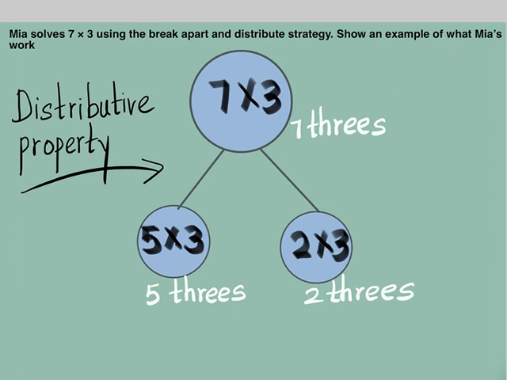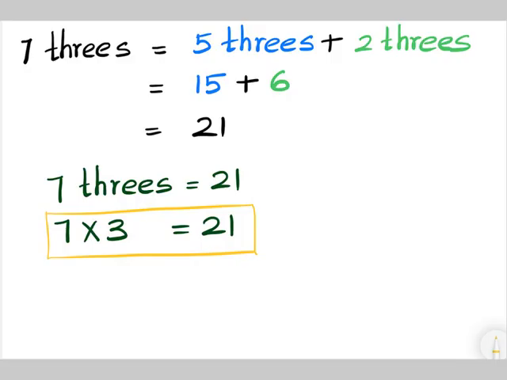So 7 times 3 can be written as 5 times 3 and 2 times 3. When we add 5 times 3 with 2 times 3, we get 7 times 3. Here it is shown how 7 times 3 is equal to 5 times 3 plus 2 times 3.